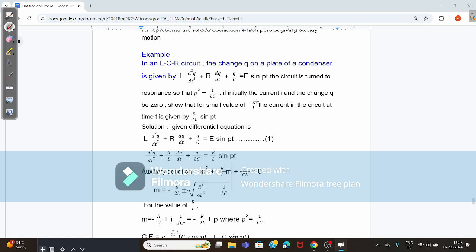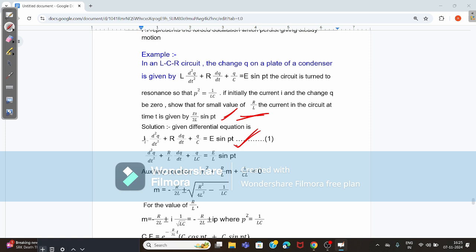If initially the current I and the charge Q are 0, show that for small value of R by L, the current in the circuit at time t is given by Et by 2L sin pt. The given differential equation is L d square Q by dt square plus R dQ by dt plus Q by C is equal to E sin pt.